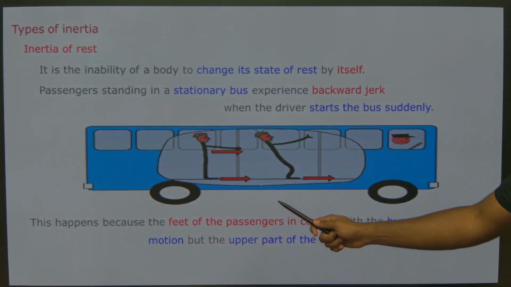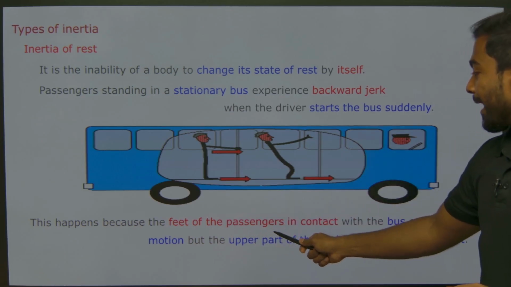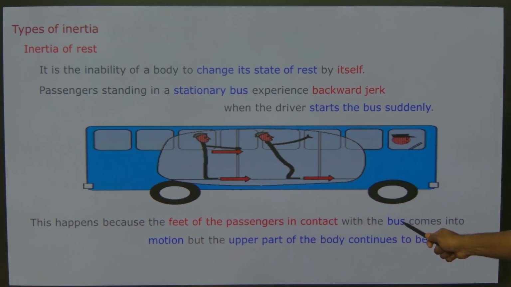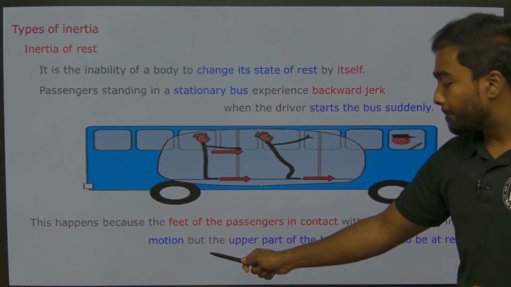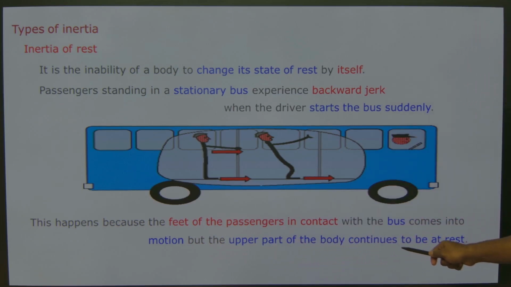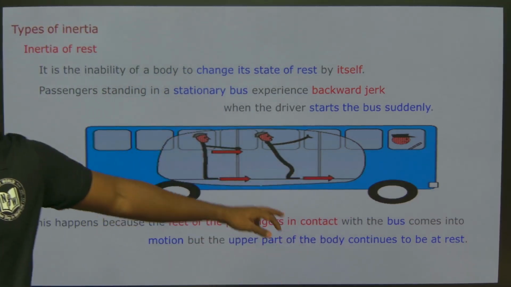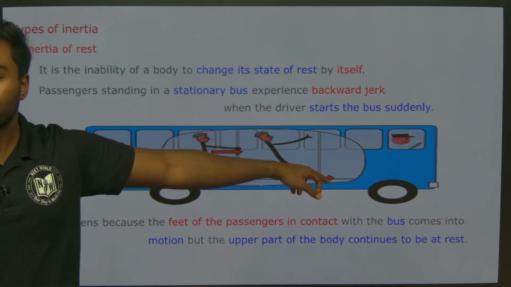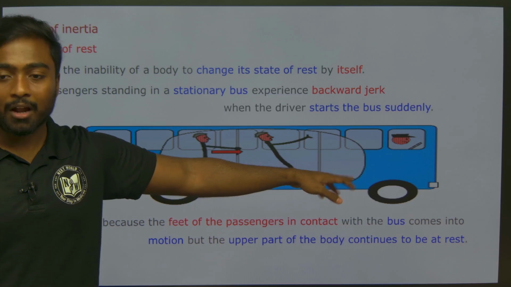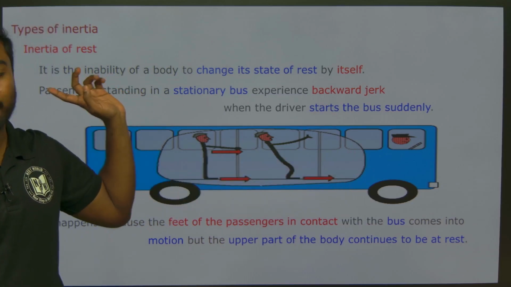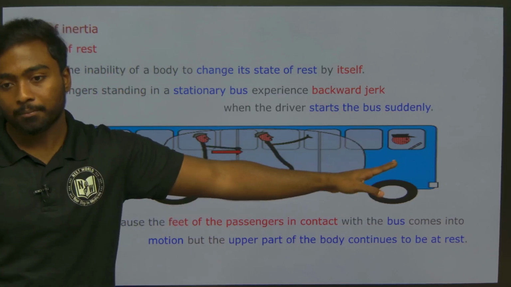This happens because the feet of the passenger in contact with the bus come into motion, but the upper part of the body continues to be at rest. So what can we understand here? When we are in contact with the bus, the person goes back when the bus goes forward.